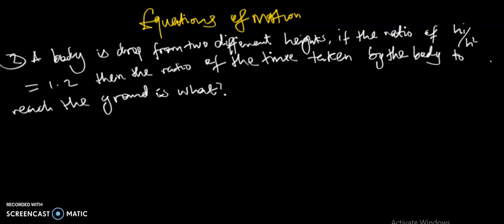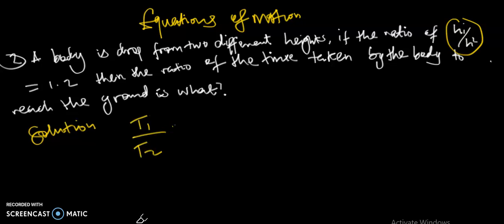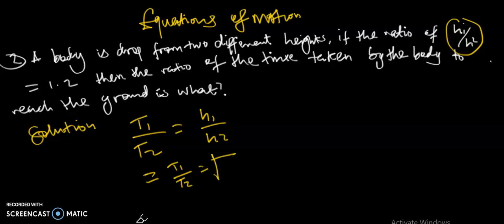Let us take the solution of this. Since we are given height 1 divided by height 2, and it has to be equal to the ratio of the time taken by the body, we'll have t1 by t2 equals the square root of height 1 by height 2.